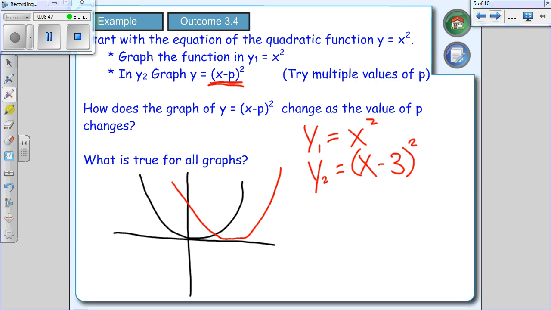The negative button and the minus button are different. Don't put x negative 3, put x minus 3. Okay, did everybody get to work?